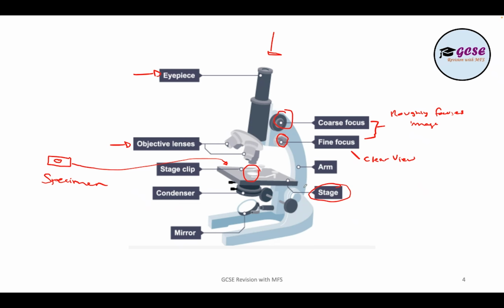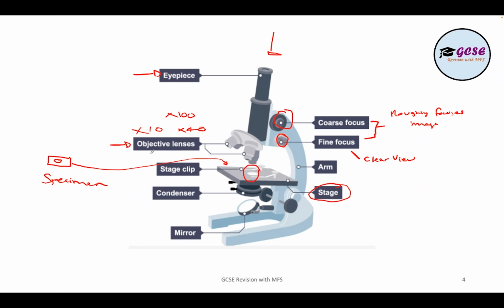Then you adjust your focusing knobs and objective lens until you get a clear image of what you're looking at. We normally have three magnifications: times 10, times 40, and times 100. Let's say we're starting with times 10 magnification.